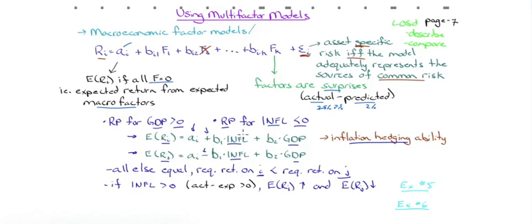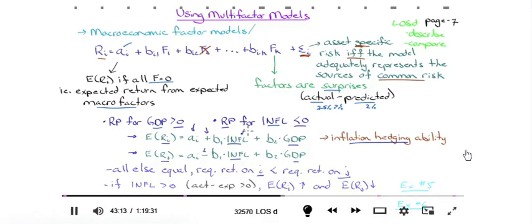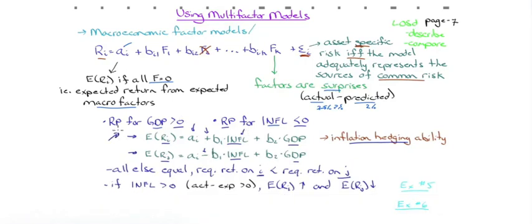Keep in mind the factor, this inflation here, is not inflation. It is the surprise in inflation. So if something has inflation hedging ability and inflation comes in higher than expected, the expected return should increase. That's what inflation hedging means. Whereas if it doesn't have it, the expected return should decrease.